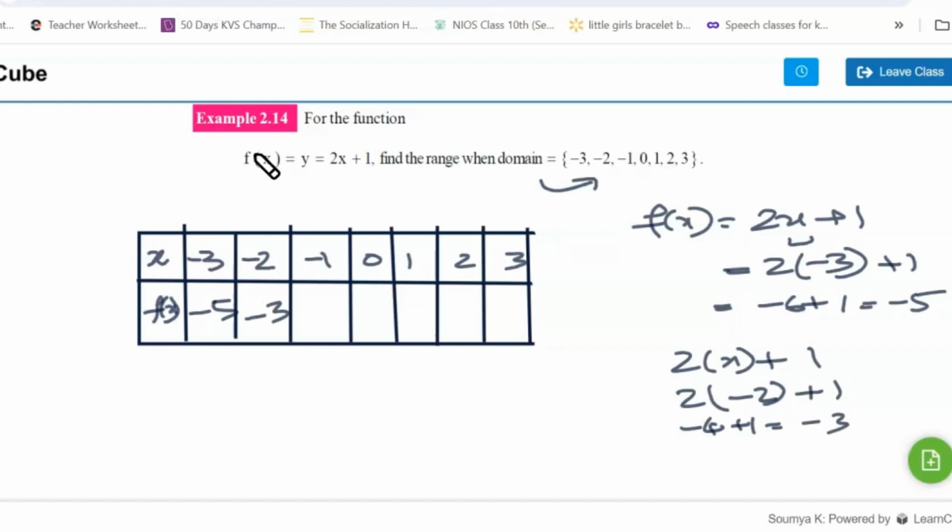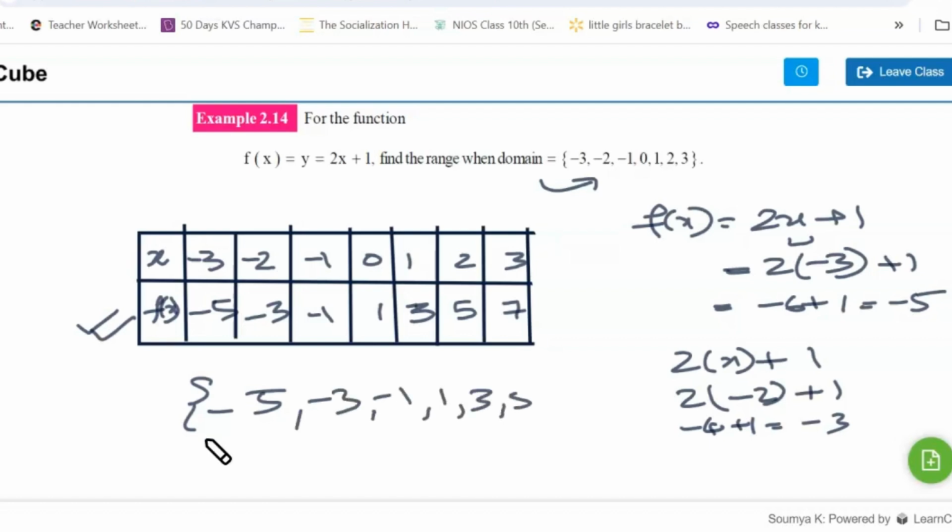So like that, after doing all the values, you will get something like this: 1 and 3. Here you will have 5 and 7. So these are the values that you get as the result. So this is the range. So the range is -5, -3, -1, 1, 3, 5 and 7. This whole set will give you the range of this given domain.